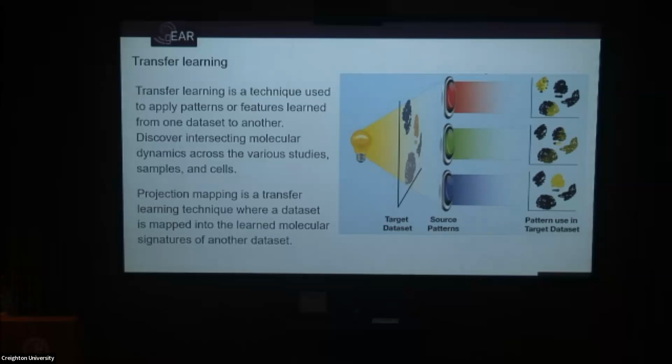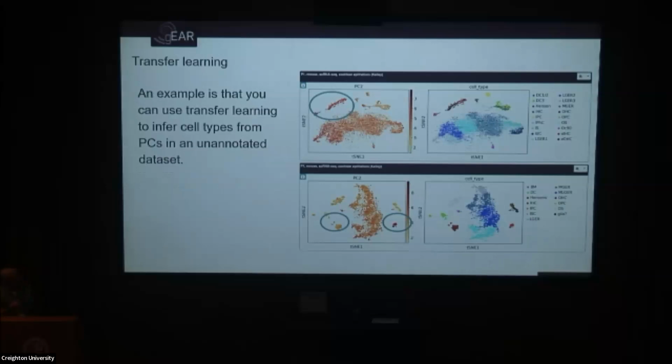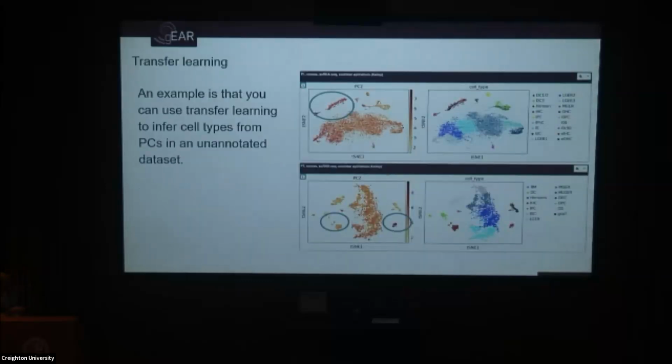So you can do things like take principal components learned in one and use them as molecular signatures for the next data set. Really good if you're doing many in a row. In this example, the principal components and the clusterings are then mapped to the next data set that comes in. It's a really quick way, if you have a lot of experiments, to map the work that you've done on one data set onto the next one.